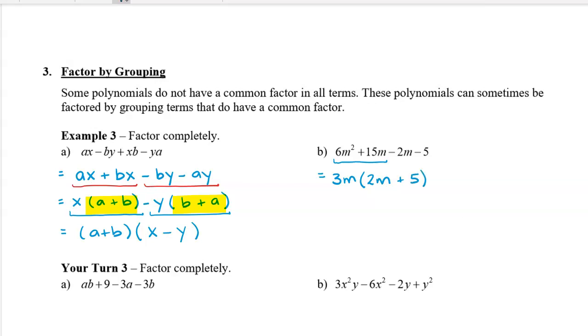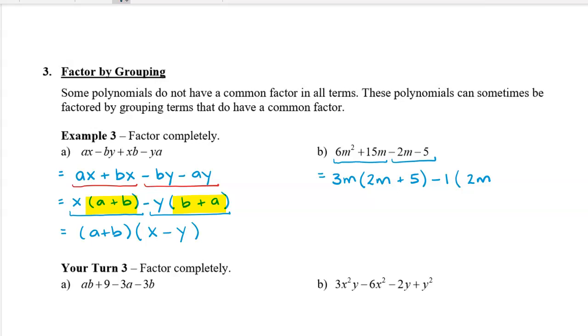Okay, and then when I go to my second two terms, these last two here, I can see that it also has a 2m and a 5, which is actually what I have in this first bracket here. So I can see that they both have a negative, which I'm going to factor out. So I'm going to put minus 1. Therefore, negative 2m divided by negative 1, open up my second bracket, is going to be positive 2m.